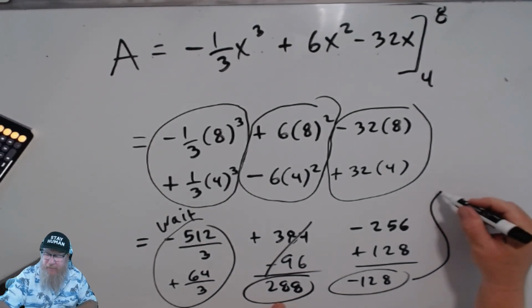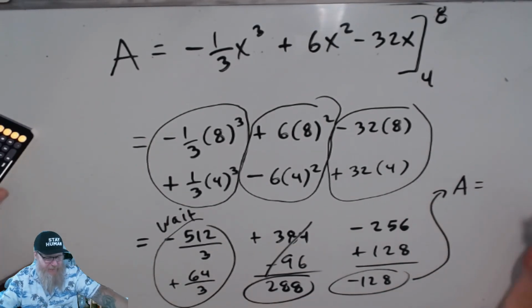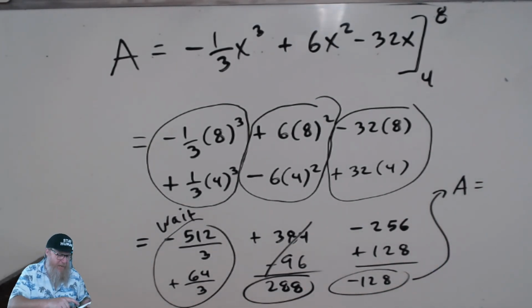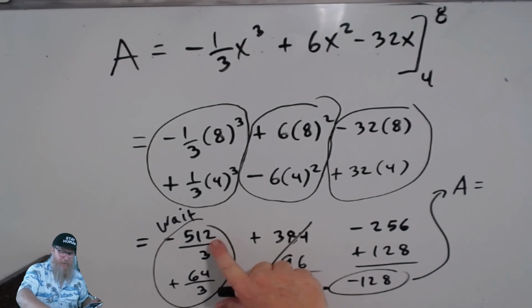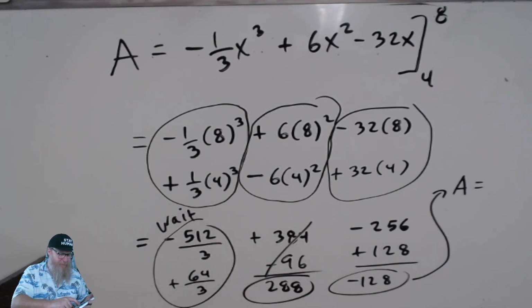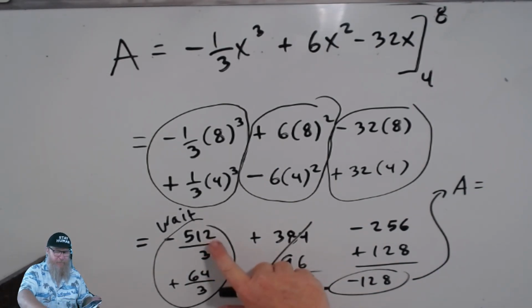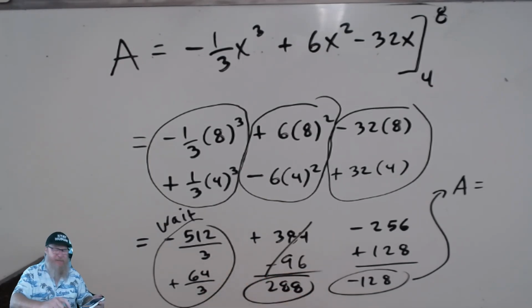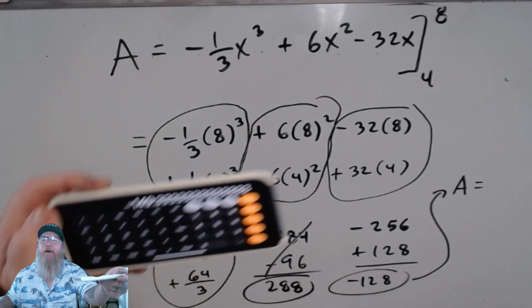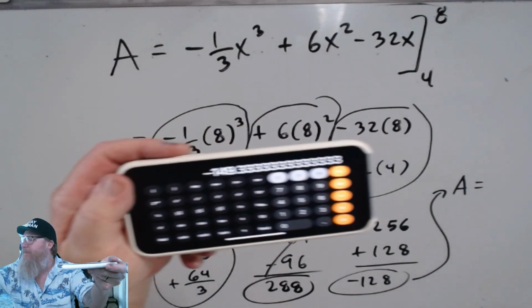So basically, this tells me the area. So I'm done waiting. Negative 512 divided by 3 plus 64 divided by 3. And now I only have the decimal one time.